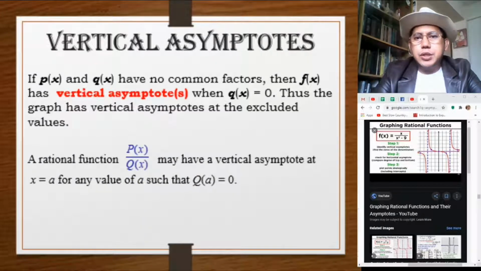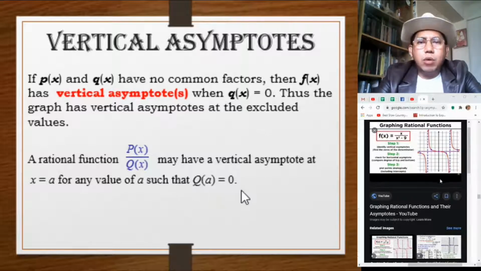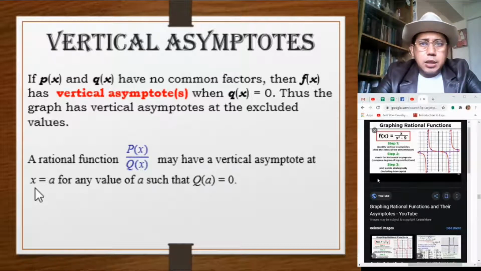So you will notice here, a rational function p of x over q of x has a vertical asymptote at x equal to a for any value of a such that q of a is equal to 0. So again, the value of a here is not considered to be in the domain of the rational function.